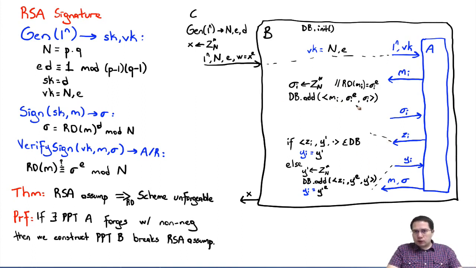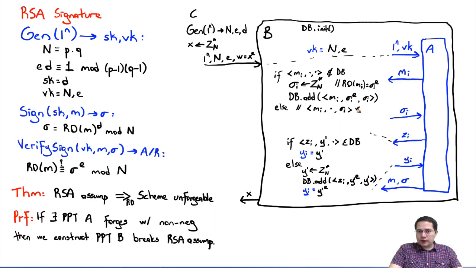Now the same thing we need to do here. So we need to do this if this message is not in the database already. So if there is nothing starting with Mi in the database, then we need to do this. Else, meaning there is actually some triple that starts with Mi and then something here and then sigma i here.